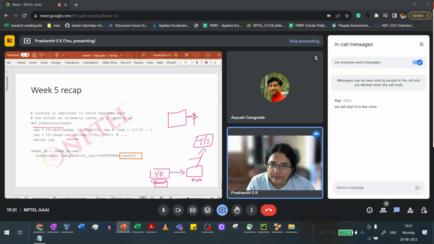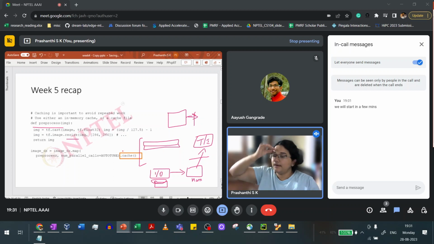Basically, after you do your resize, you can ask TensorFlow to cache your data. When we say cache, what do we mean? This data will remain in memory, because training is a very iterative process. You iterate through this data for one epoch, then you iterate through it again in the second epoch, and so on, typically hundreds of times, till you attain convergence. So that's one reason why you would want to cache.